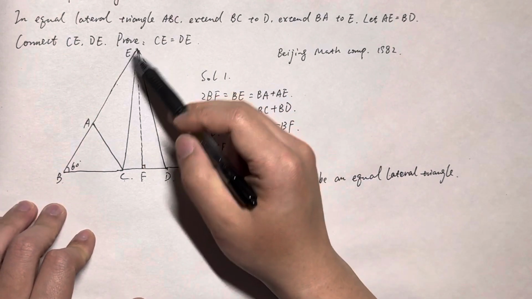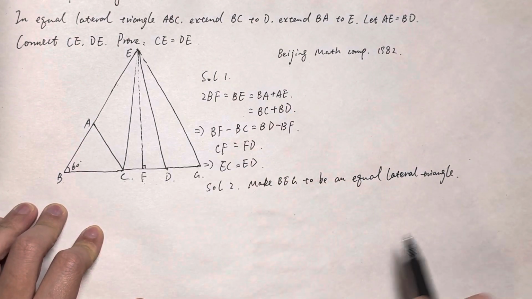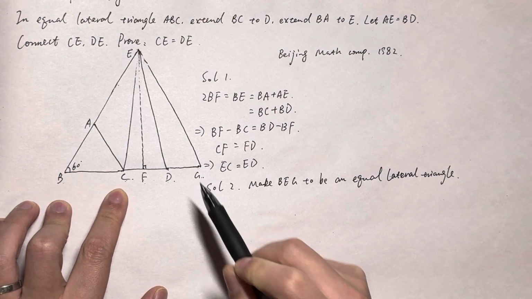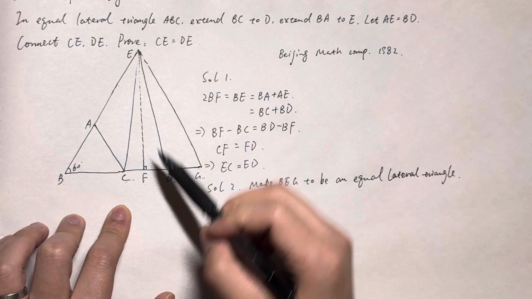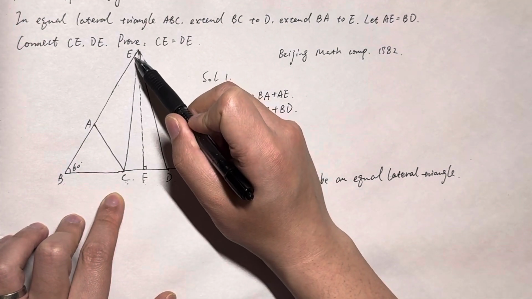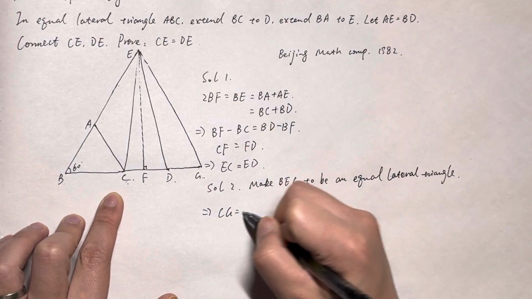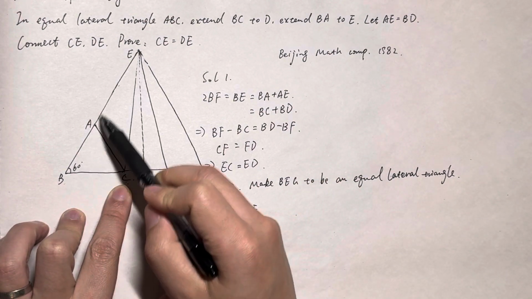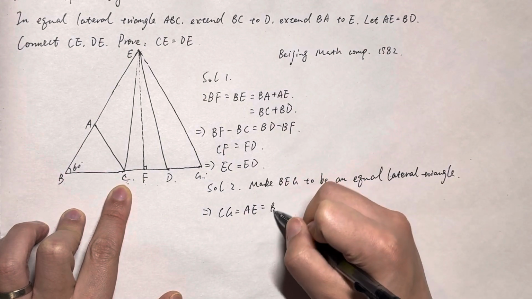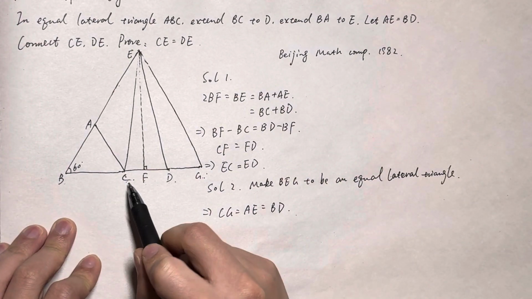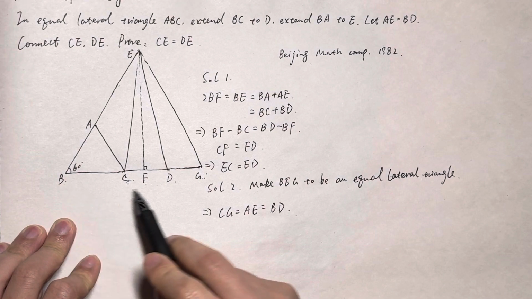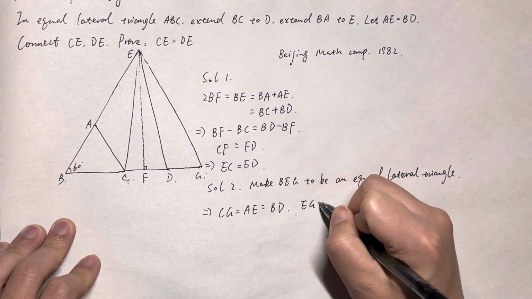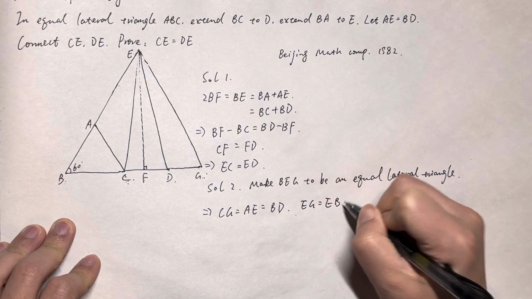So we know this is another equilateral triangle, and we already know that CG, because this is another equilateral triangle, equals AE, right? So CG equals AE, which equals BD, right? So CG equals BD. And also we know that EG equals EB, right?